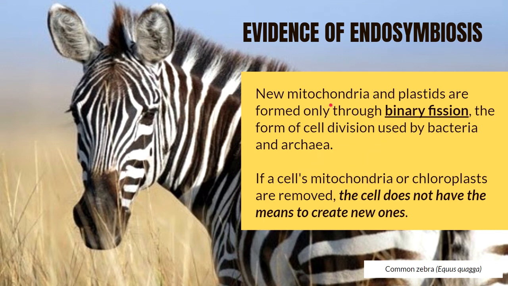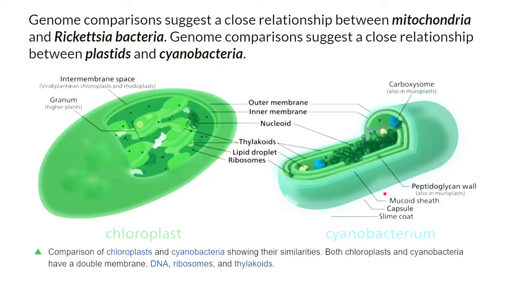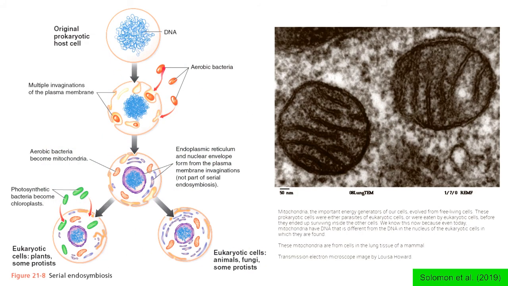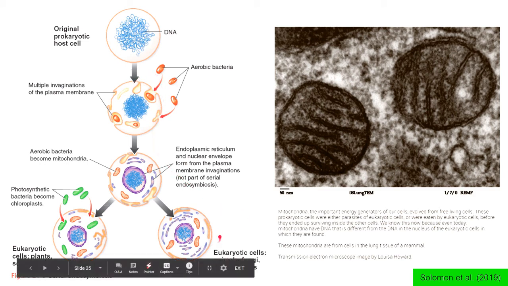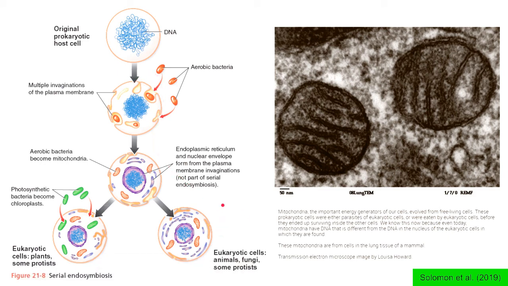Aside from mitochondria and chloroplasts maintaining their own DNA, they also reproduce through binary fission. And the cell does not have the means to create new ones if you happen to remove them from that cell. So this gives further evidence that the ancestors of eukaryotic cells arose through endosymbiosis with primitive bacteria.